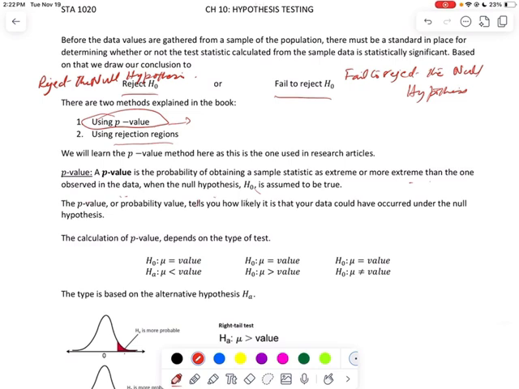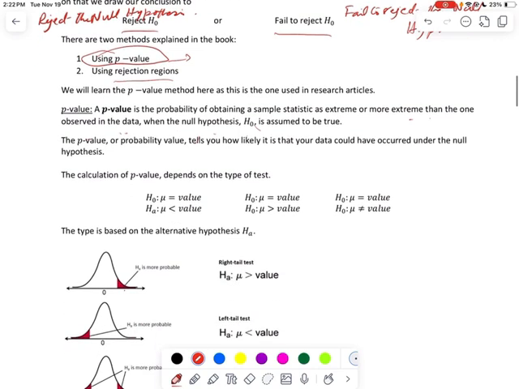For a hypothesis test for a population mean, we can have the null hypothesis mu equal to a, and the alternative HA: mu less than a, mu greater than a, or mu not equal to a. Basically the null hypothesis is the same in all three cases, but the alternative hypothesis changes.